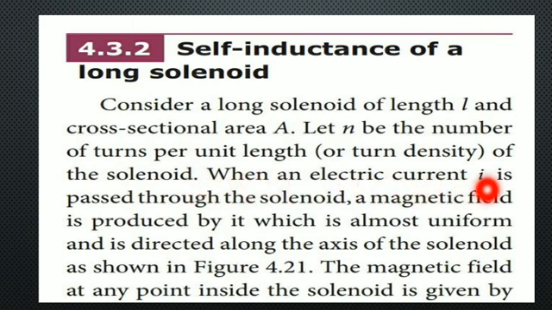When an electric current I is passed through the solenoid, a magnetic field is produced which is almost uniform and is directed along the axis of the solenoid. Okay students, so we are taking a solenoid with length l and area of cross-section A, and n is the number of turns per unit length, and inside it the magnetic field is present. When the electric current passes through the solenoid, a magnetic field is produced around it.